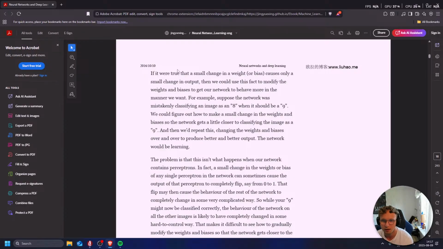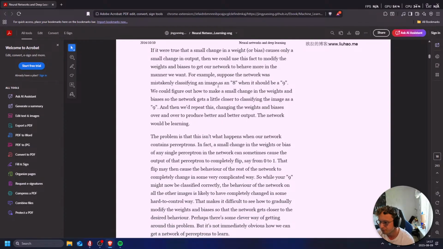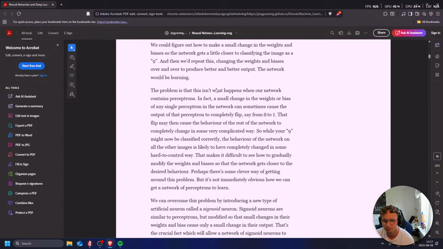And we repeat this, changing the weights and biases over and over to produce better and better output, and the network would be learning. Okay. So basically they're just changing weights and biases over and over, just to get a better learning curve.